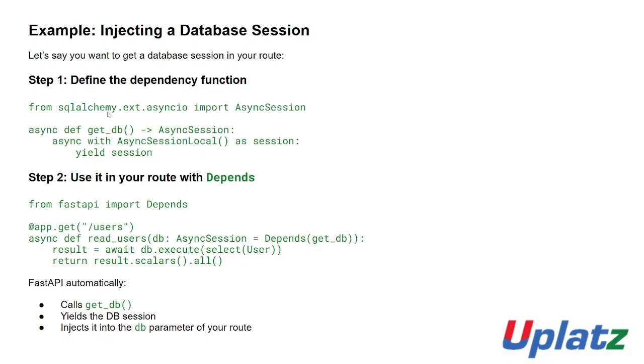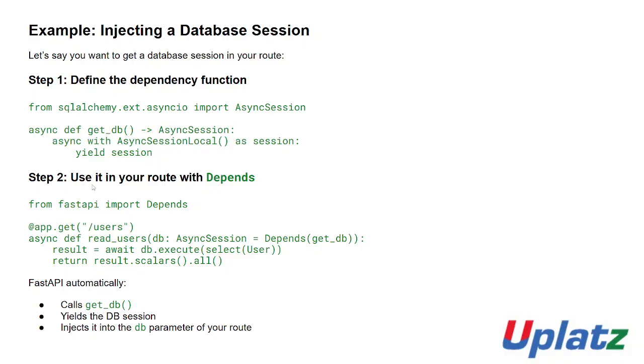From sqlalchemy.ext.asyncio import AsyncSession. async def get_db which returns AsyncSession: async with AsyncSessionLocal() as session: yield session.